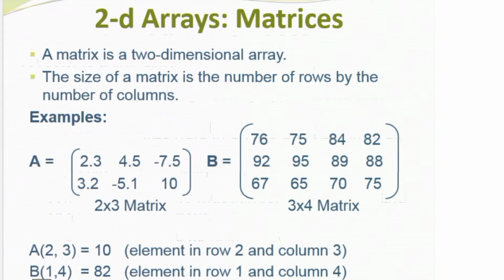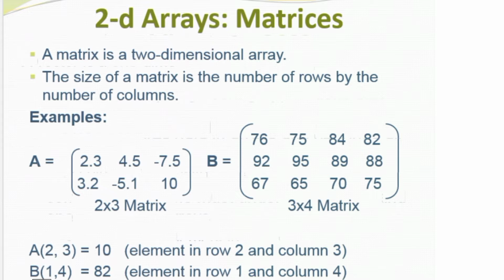You can see that matrix A has 2 rows and 3 columns. So this is a 2 by 3 matrix. And matrix B has 3 rows and 4 columns, so it's a 3 by 4 matrix.